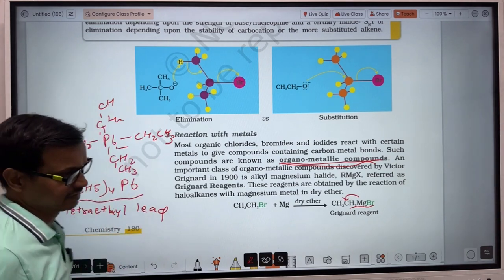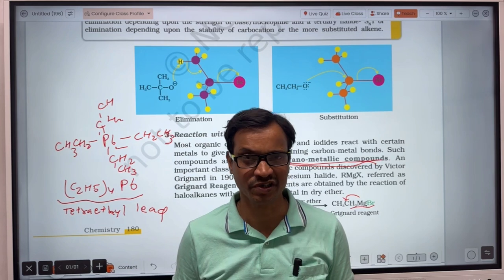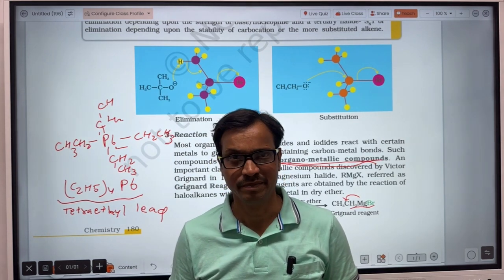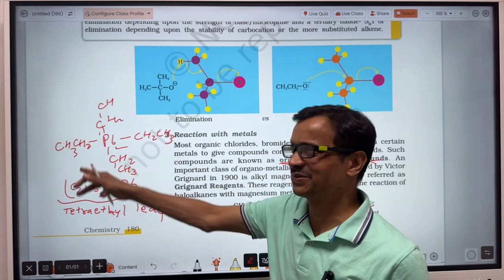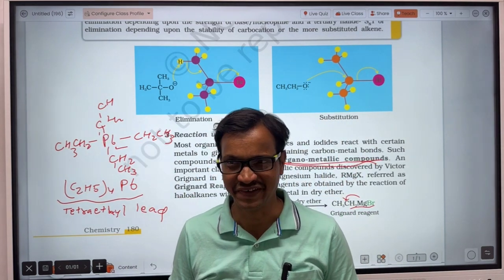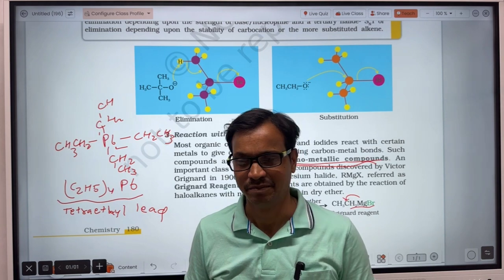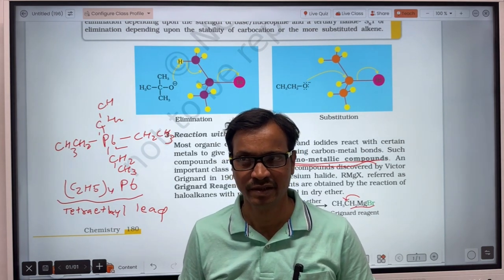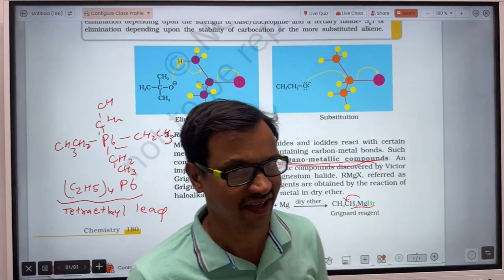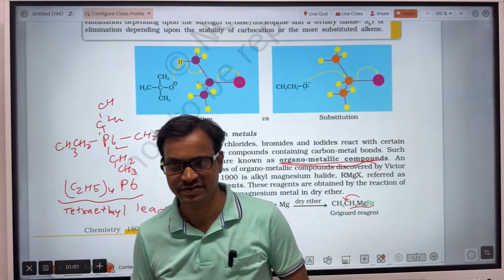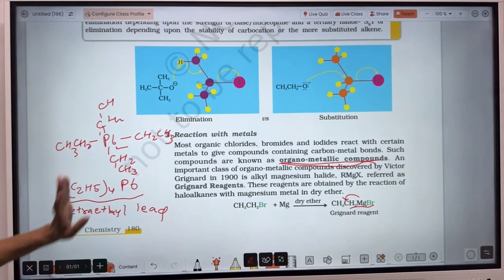This tetraethyl lead was used as an anti-knocking reagent in petroleum, that means in automobiles. This was added to improve the mileage of the vehicle. Nowadays its use has been banned, but earlier, particularly during the 90s, tetraethyl lead was used as an anti-knocking agent in automobiles. Anti-knocking agent means to improve the mileage.